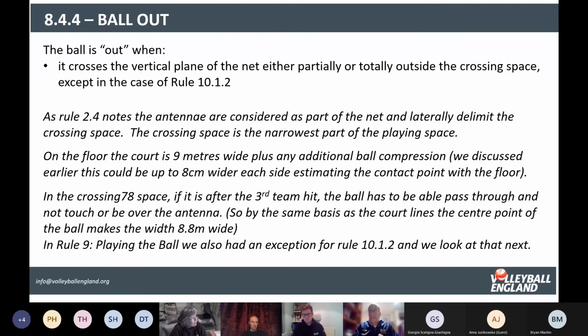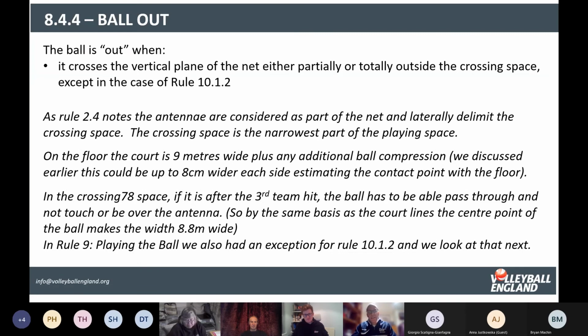So therefore the court is actually that 8 centimeters wider each side, because the ball can hit the ground 8 centimeters outside the line and probably still hit the line. Okay, so the court at that point is at its widest. It's about 9.15 odd meters wide.